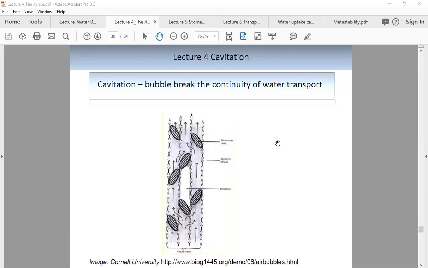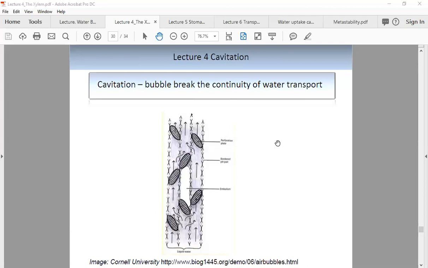Now also there is another way. So when transpiration slows down or ceases altogether, the pressure on the xylem sap is alleviated, so less pressure. And when that happens, then those gases within the air bubble can actually be dissolved once again into the xylem sap.